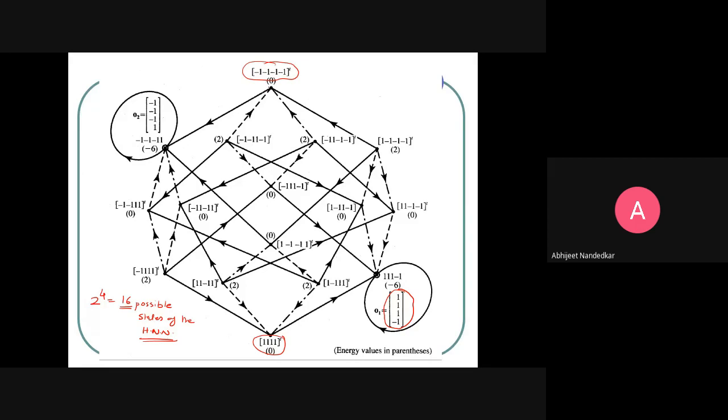position in the network. And what is done here is you have a pattern stored, suppose this one, because you can see here a self loop like this. The figures in the bracket here are showing you the energy of the network for this state.